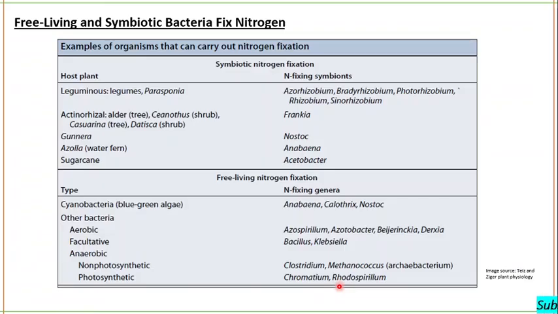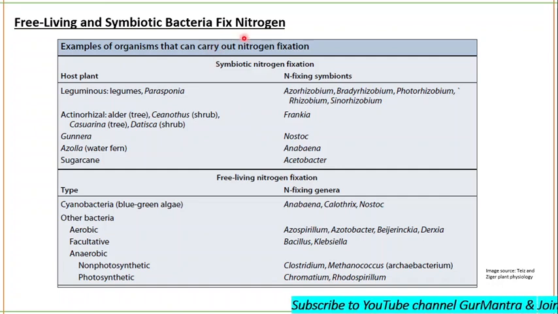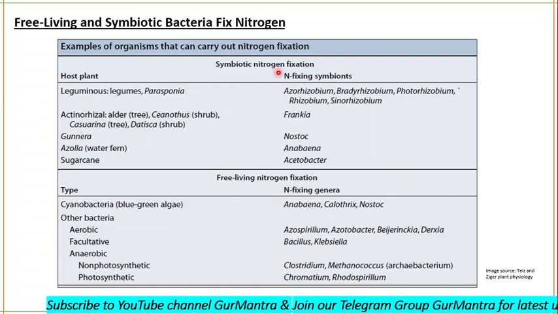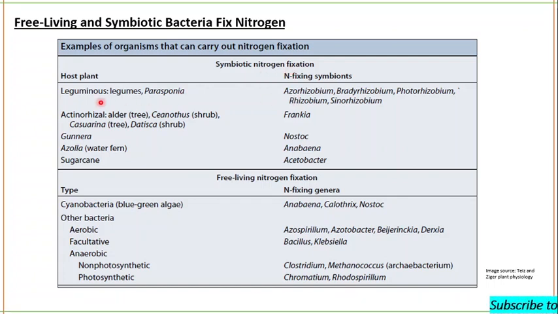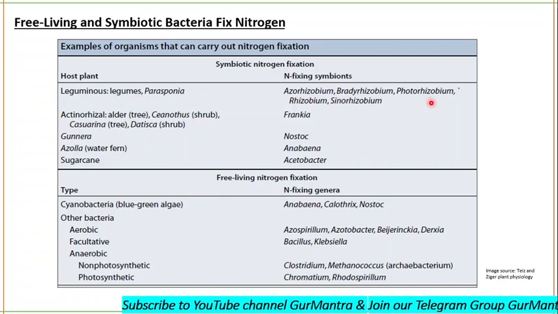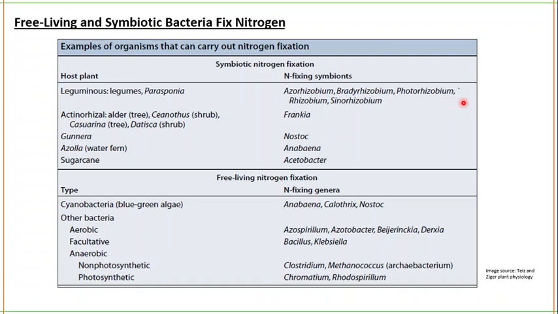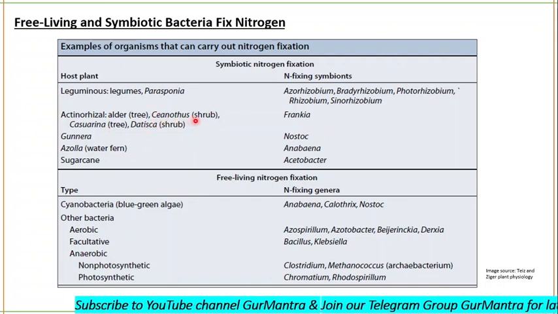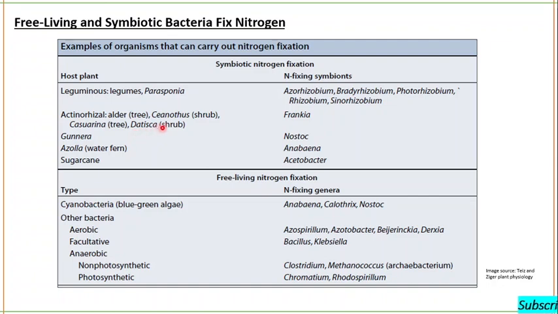Okay, now let's talk about some free living and symbiotic bacteria fixing nitrogen. These are symbiotic nitrogen fixation bacteria. In leguminous plants like legumes and Parasponia, Rhizobium species will be responsible for the fixation of nitrogen. Frankia, which is an actinomycete, will be fixing nitrogen in Alnus, Ceanothus, Casuarina and Datisca.